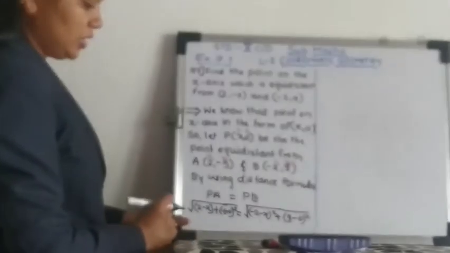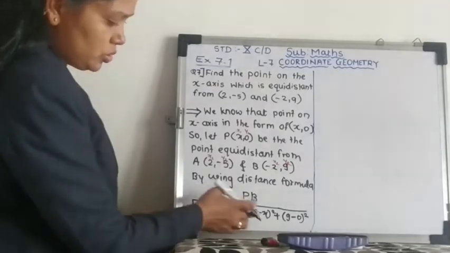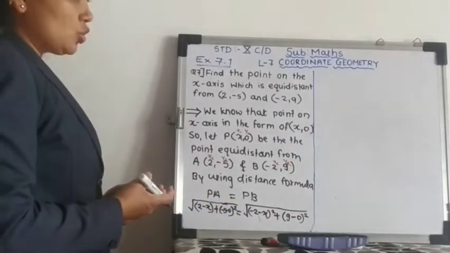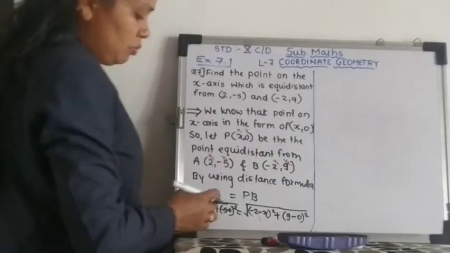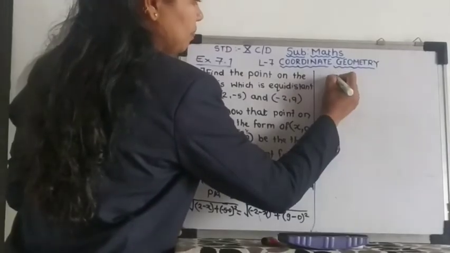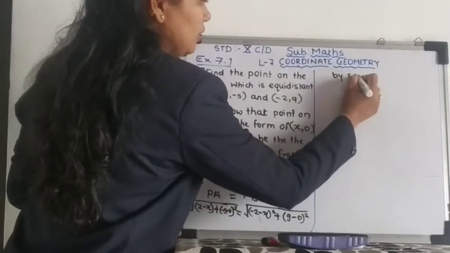Now let us solve it. See students, here on both sides we have a square root, so by squaring we can remove the square root.